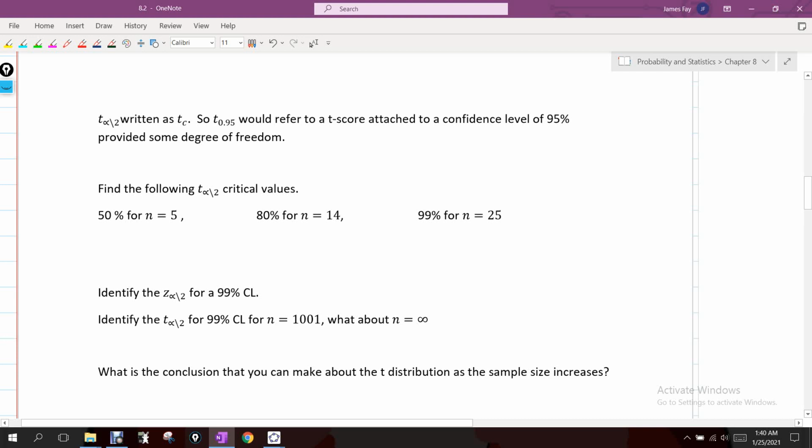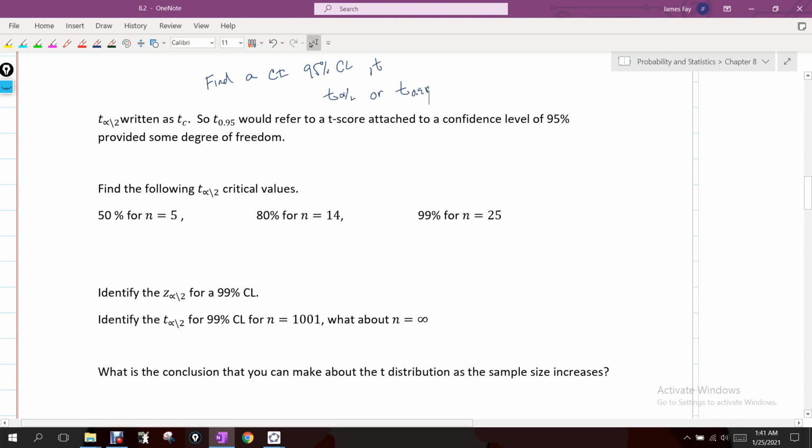So they might say find a confidence interval for a 95% confidence level, and you'll know you're using the t-distribution. They'll say t sub alpha would be 5%, because 1 minus your confidence level is your alpha, or they will write it this way: confidence interval of 0.95. You kind of see it both ways.